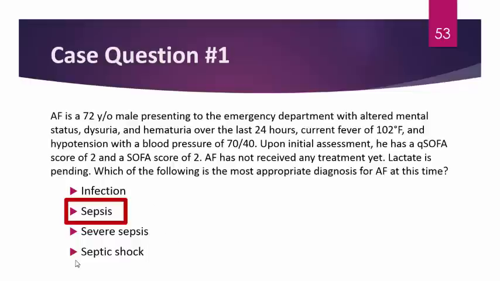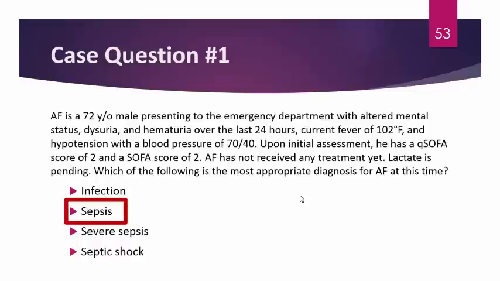And then in terms of septic shock, because he's not on any treatment yet and is not on vasopressors and we don't have a lactate, we can't consider him to be in septic shock, though he may very well eventually progress to that point.